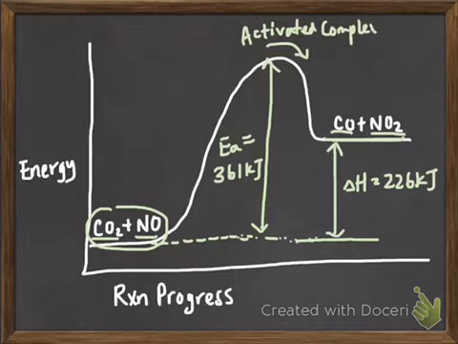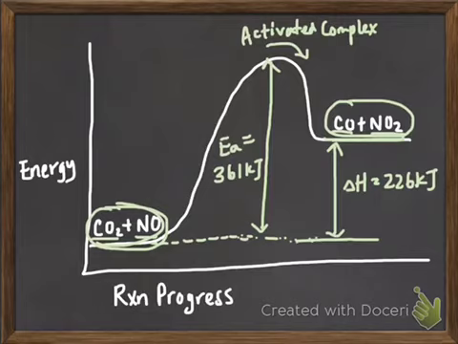An activated complex or a transition state is an intermediate molecule that forms before I get products. It's usually some sort of combination molecule of whatever my reactants were down here. So they form this temporary transition complex before they actually form products. We're going to learn a little bit more about that in the next lesson. But for now, we can just indicate that there's an activated complex up here before I get products.